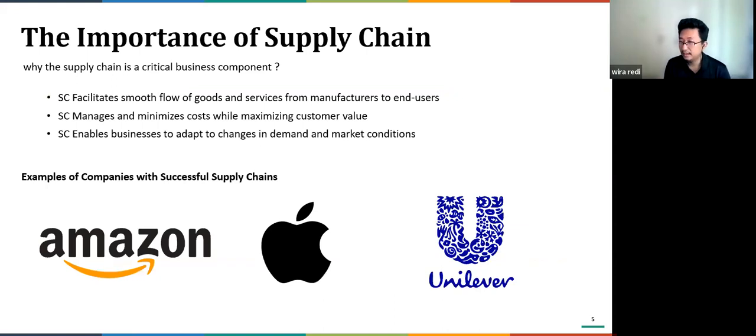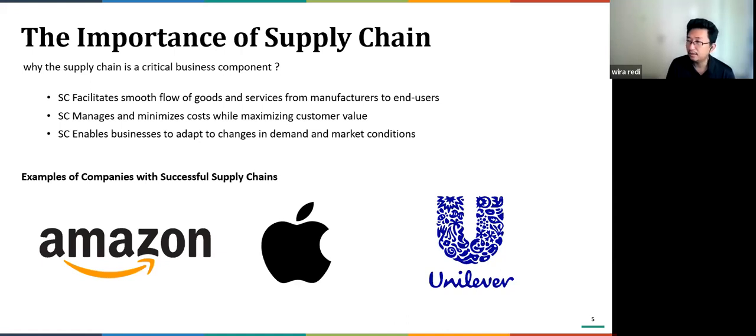So next, okay, this is getting more and more considered critical as one of the business components or business functions that is needed in the business. So basically, supply chain, as detailed here, can facilitate smooth flow of goods and services from the upstream to the downstream, and their goal is to minimize the cost.